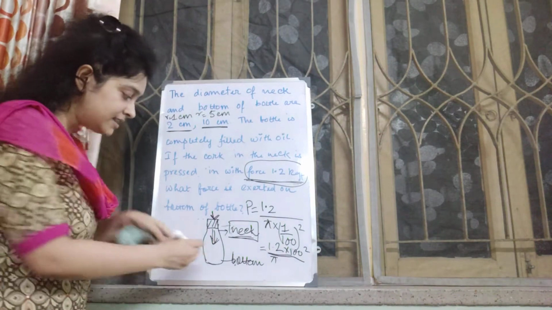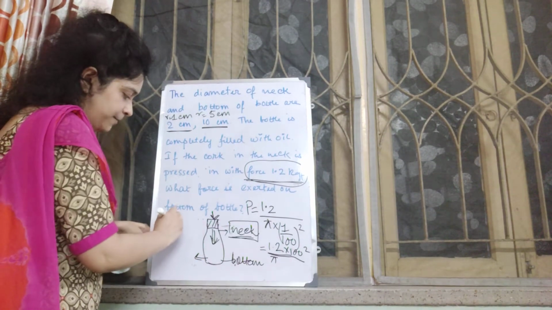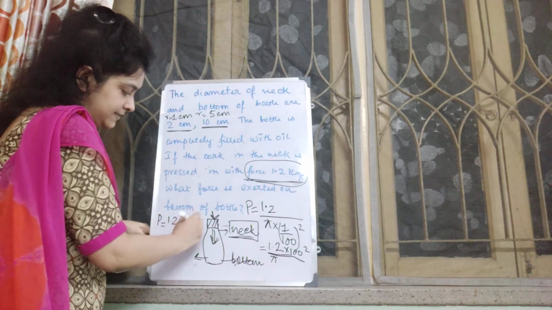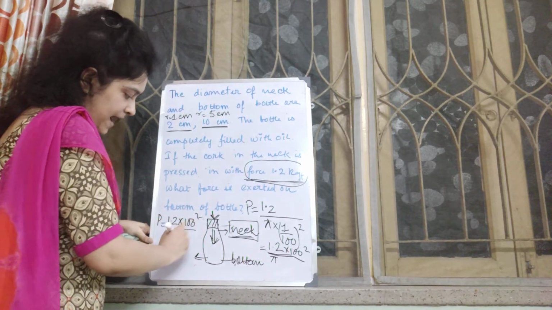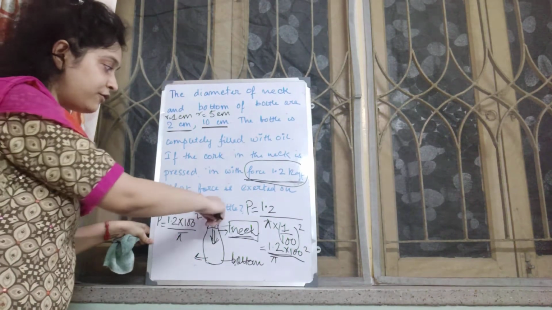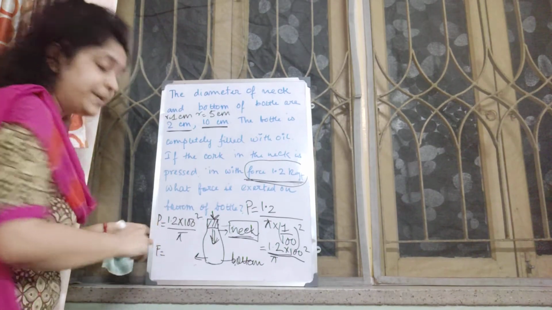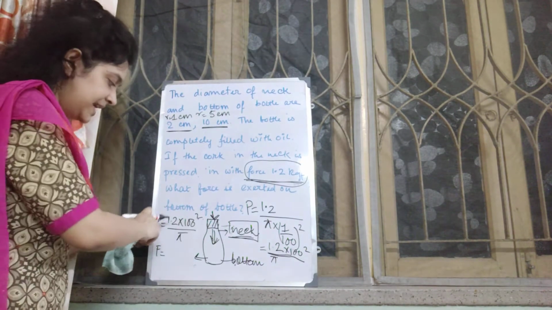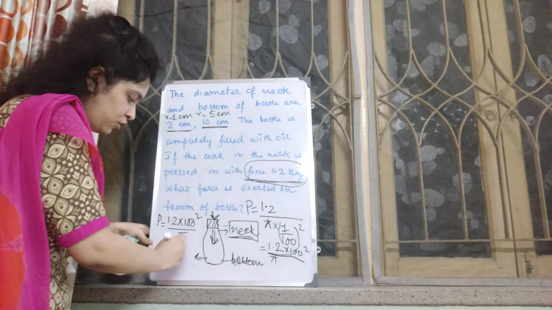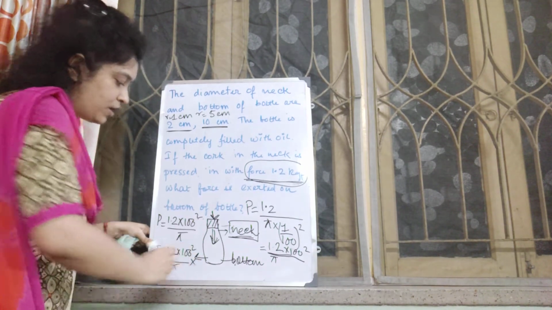So the pressure at the bottom is the same, 1.2 into 100 square by pi. Then what will be the force which you have to find? Force is P into A. So 1.2 into 100 square by pi into A.